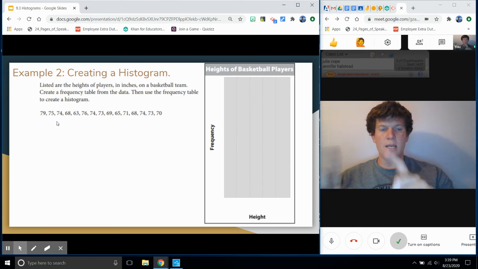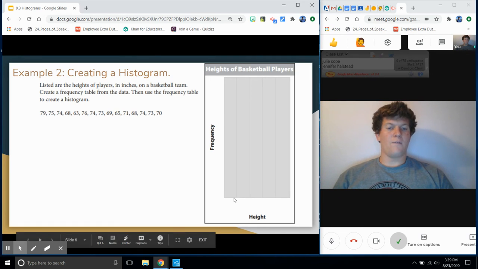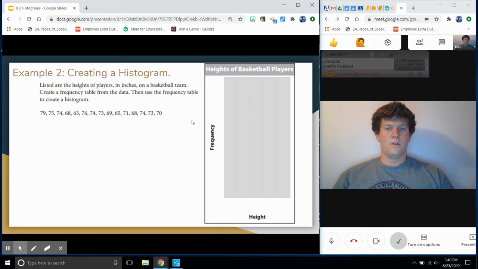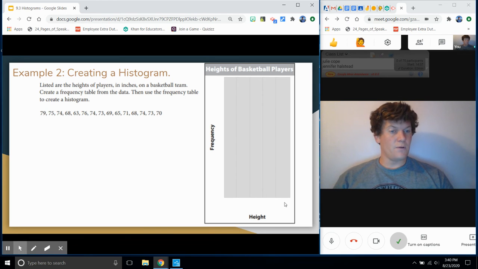Now, when we're setting up histograms, it helps to make a frequency table so we could keep track of what numbers go where. Remember, histograms are going to have intervals on the bottom. With this big list of numbers, I want to set it up where I have about 5 different groupings, 5 different intervals.